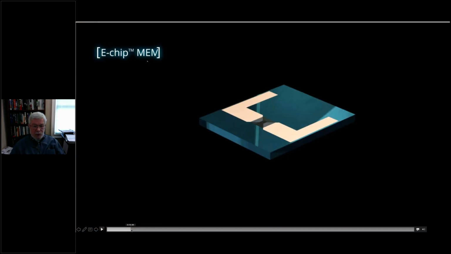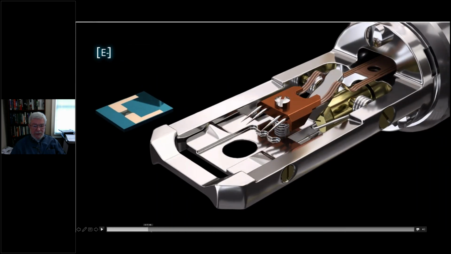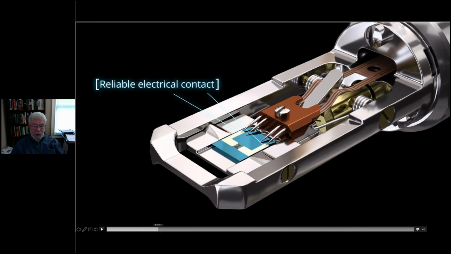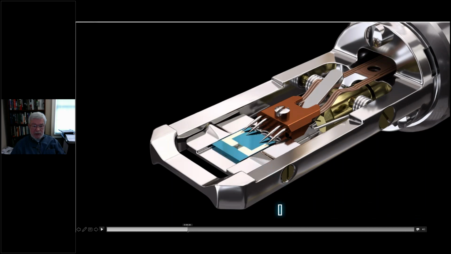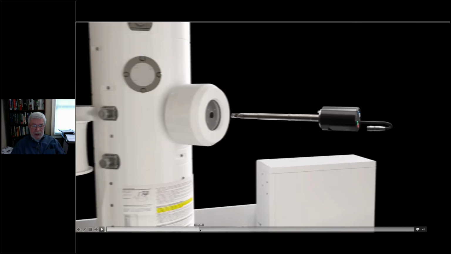This is just how this works. So there's the chip, has some particles deposited and put in the holder, makes good electrical contact. You can have different kinds of chips that allow electrical measurements as well as heating.